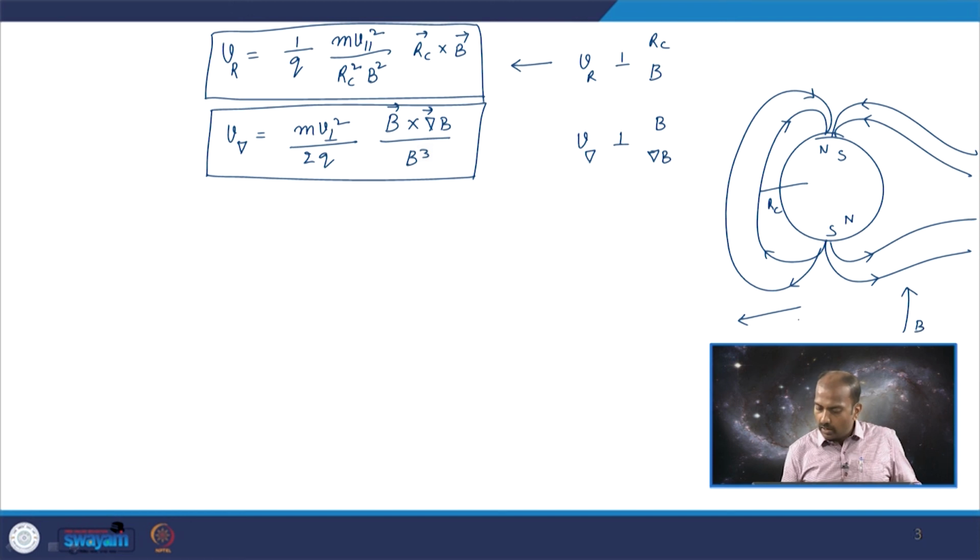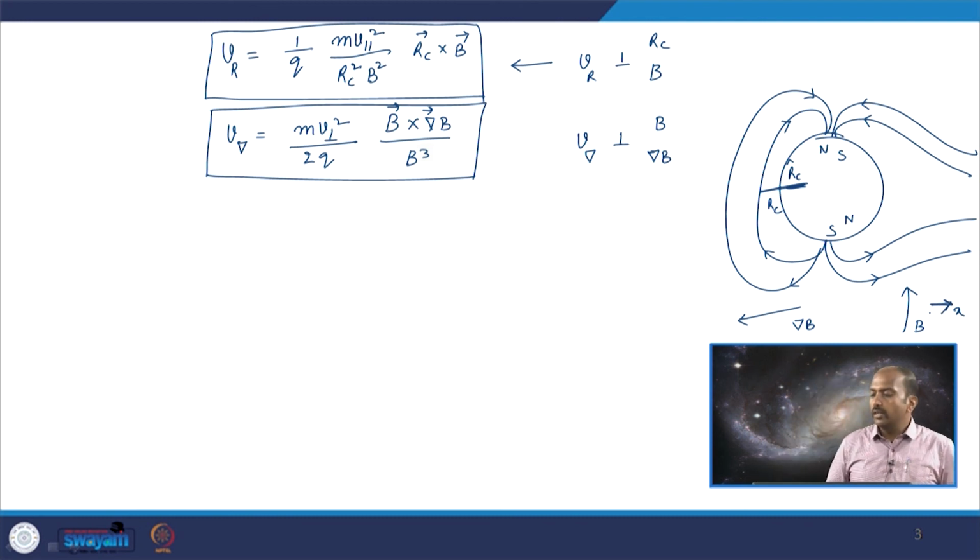This is the B, this is del B, and this is R_C cap. Right. Now, the possible direction for the curvature drift should be perpendicular to R_C and B, right. So, it should be along the x direction, and the gradient drift should be perpendicular to B and del B. So, it should be along the x direction, right.